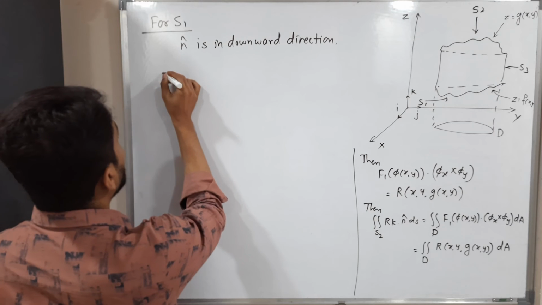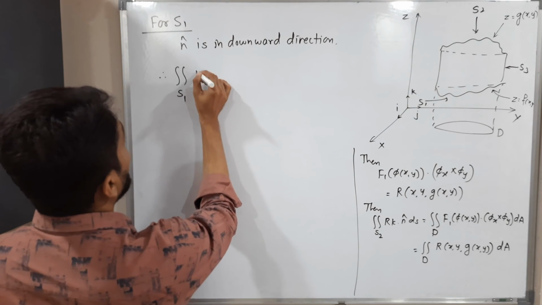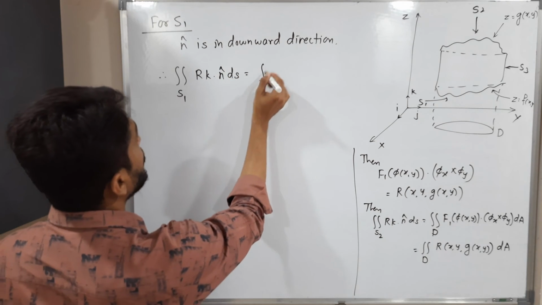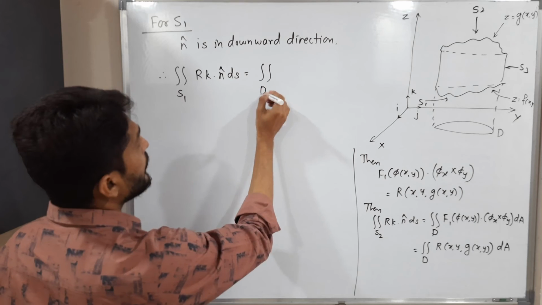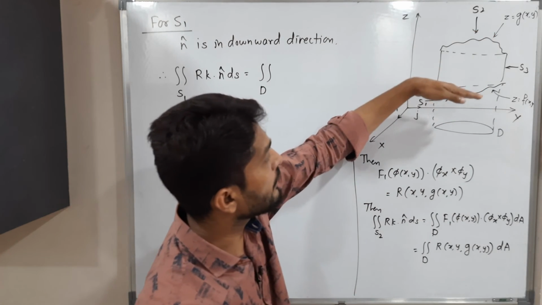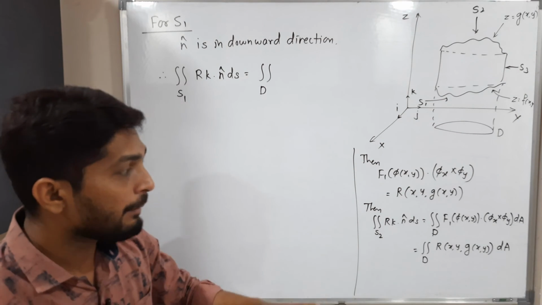So therefore I can directly write the double integration over S1 of R k dot n cap dS is equal to the double integration over D. As I told you earlier, the projection of S2 and the projection of S1 is the same, which is D. I am writing directly.